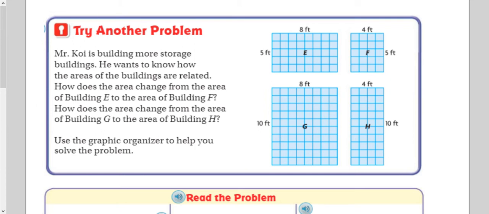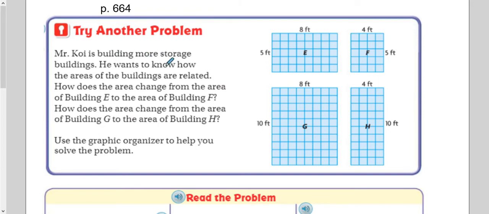Okay, so moving right along with Mr. Coy and his storage buildings. At the top of page 664, we're going to take a look at another problem here. Mr. Coy is building more storage buildings.